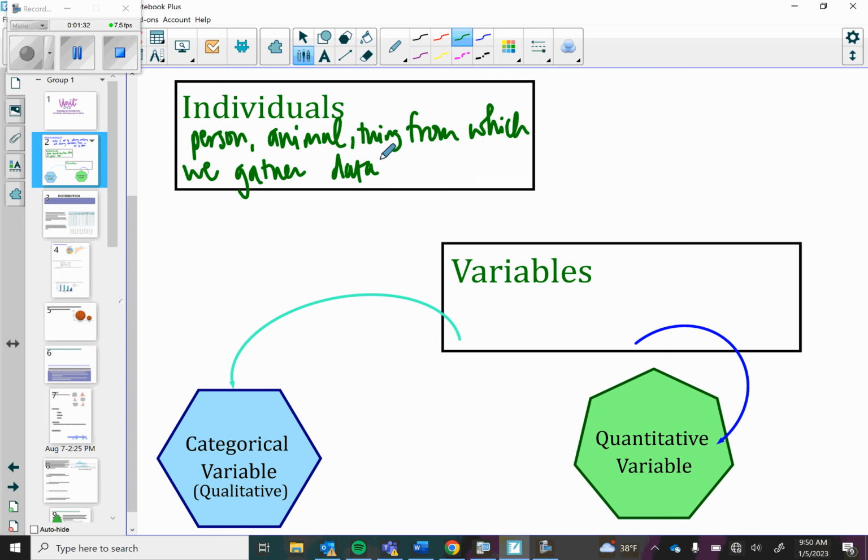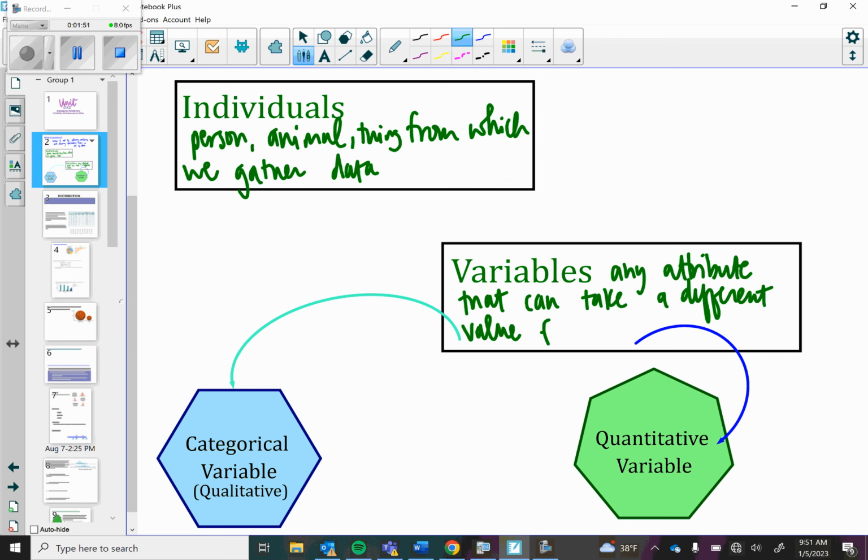And the data that we gather is going to be known as a variable. Any attribute that can take a different value for an individual.